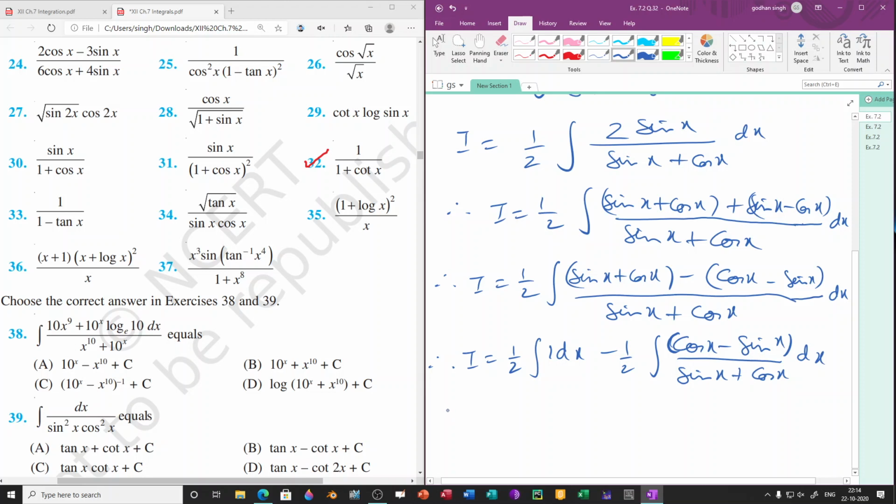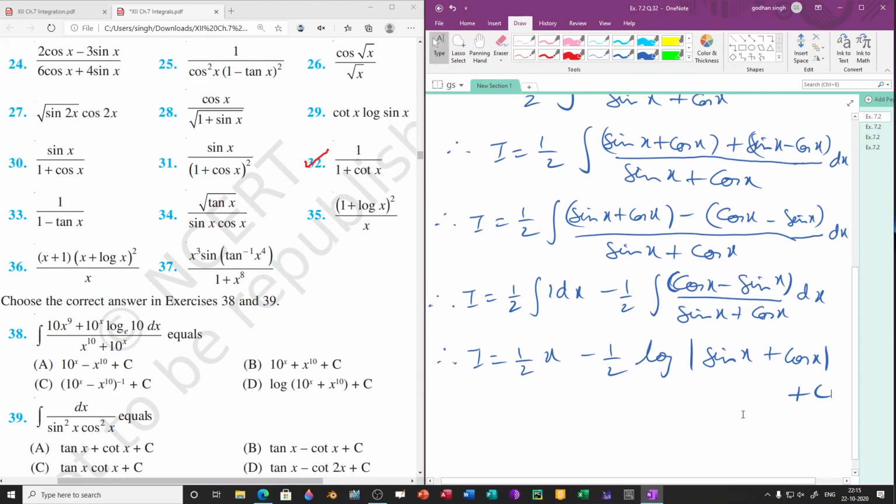So we can write this as, therefore I equal to half x minus half log mod of sin x plus cos x plus C. So this is our solution of question number 32.